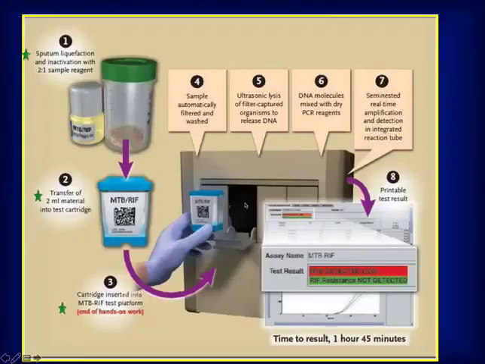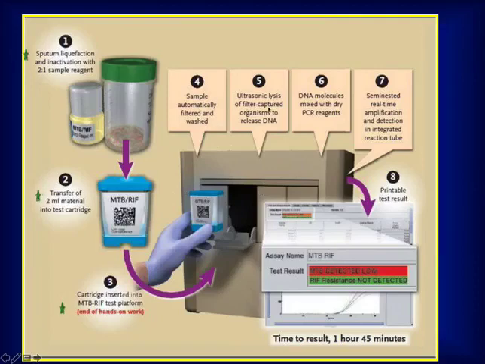So the sputum basically is liquefied a little bit to also inactivate the organism, and that crude sample, 2 mLs of it, is placed into the cartridge. Very, very quick, takes 3 minutes, and that's pretty much the end of any hands-on because it's placed in the platform where it will filter and wash.